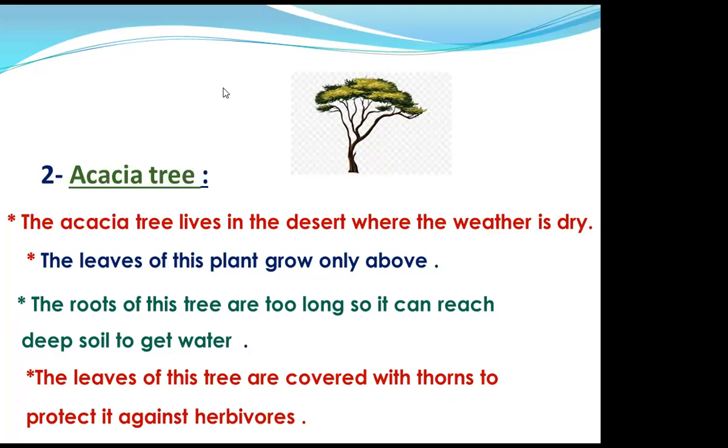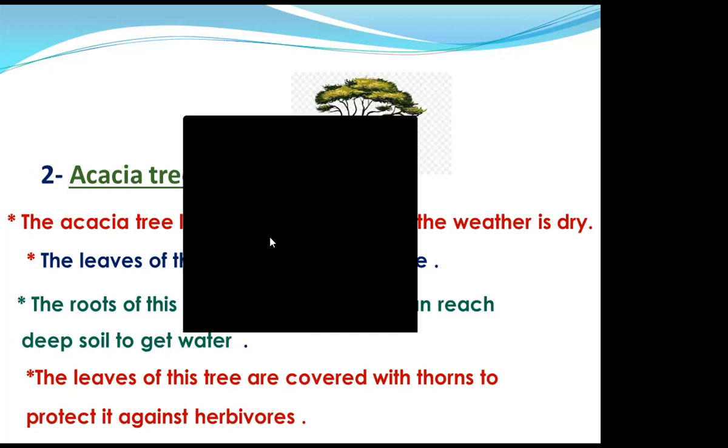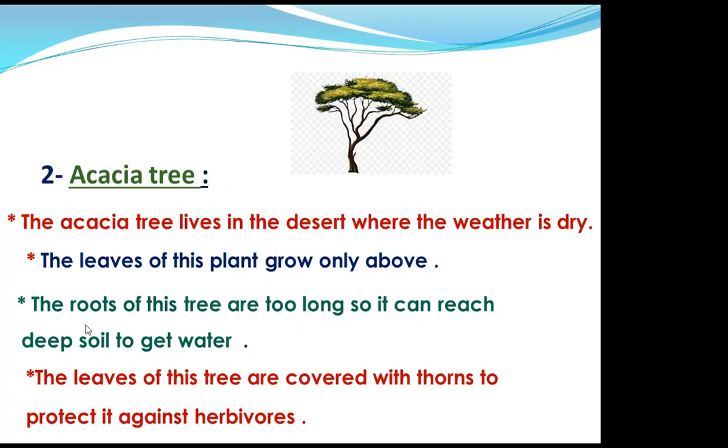Okay, I want to ask you, why is the acacia tree covered with thorns? To protect it against herbivores. Excellent, thank you very much, Ahmed. Malik, why are the roots of this tree too long? To reach deep soil to get water.